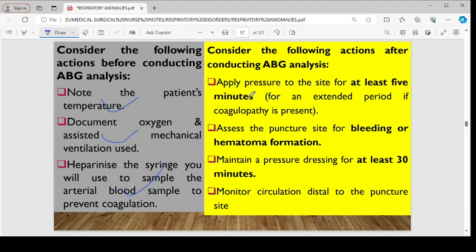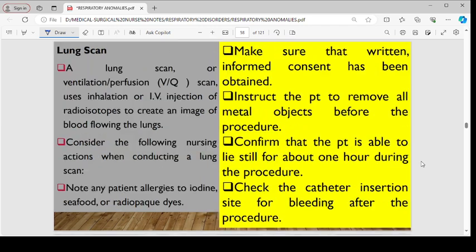Also, apply pressure to the site for at least 5 minutes. If the patient has a coagulopathy, then it will be an extended period. Assess the puncture site for bleeding or hematoma formation, and then maintain a pressure dressing for at least 30 minutes. Remember to monitor circulation distal to the puncture site.